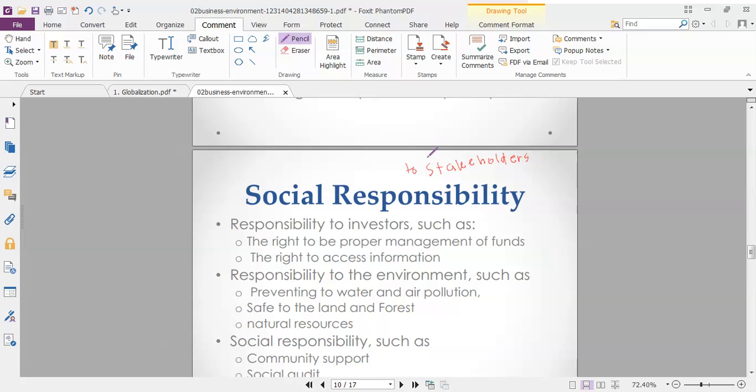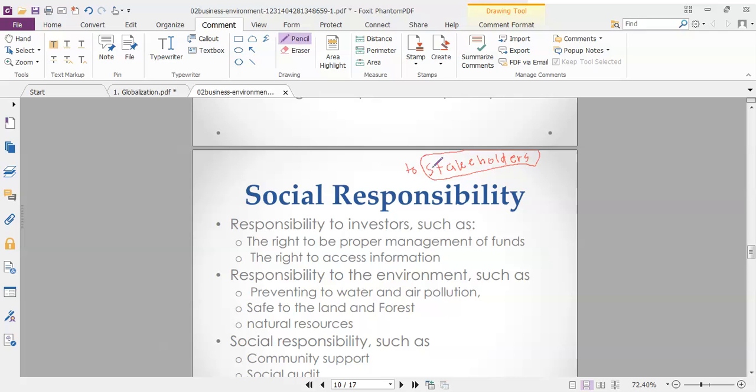Stakeholders are your environment elements. This is the simple term. That's referring to the elements of environment, including the investor, the environment, the supplier, the consumer, the employee, all of the people around the business that have direct or indirect interest in your company.